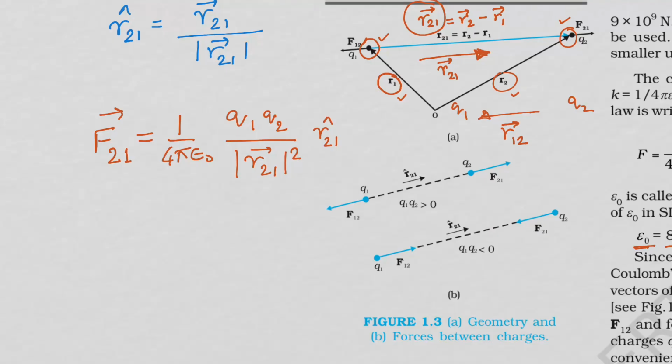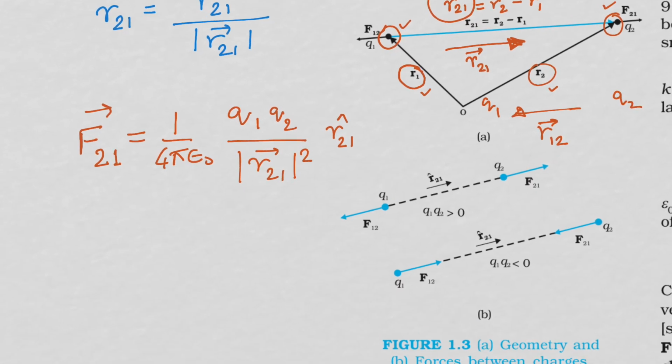Let us understand the direction of this force in the picture. If both the charges are of the same type, like positive or negative, then the product of these charges is always more than 0, that is positive. Then the force on charge q2 due to q1 is repulsive, as we know.